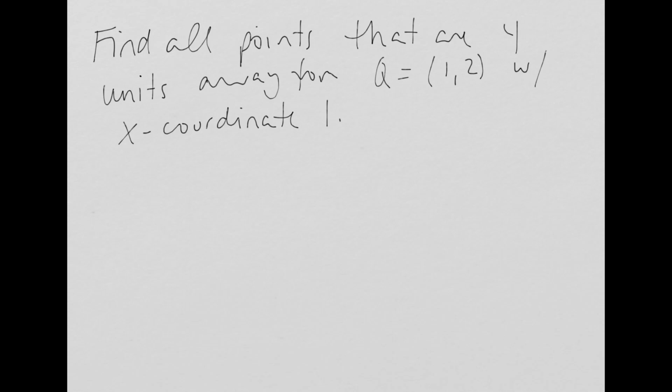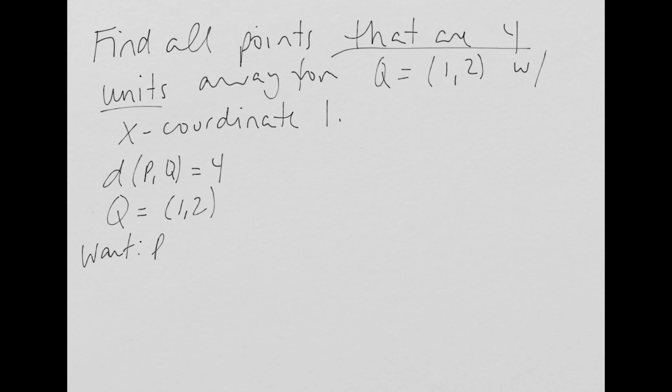So I'm saying find all points that are 4 units away from the point Q equals (1, 2) with x coordinate 1. So let's write down what we know here. We know the distance between the points is going to be 4. That was this, find all that are 4 units away. I know that Q is (1, 2). What we're looking for is our P. But we know something about P. We know that P has x coordinate 1. So I'm looking for all the points that look like this.